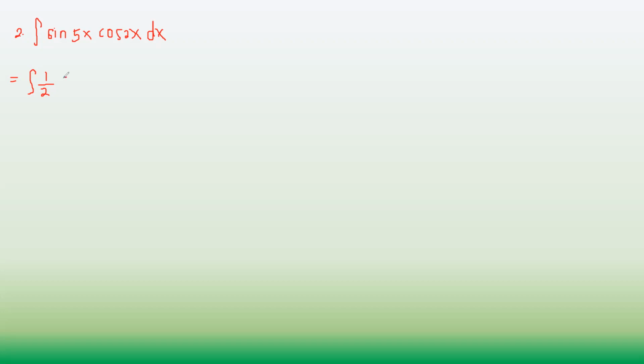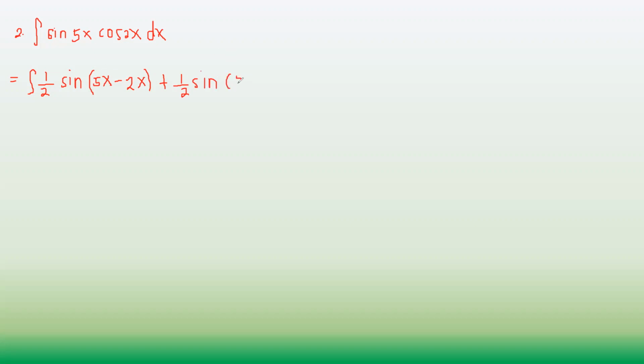So we have 1/2 sine. Always the first is a minus b, 5x minus 2x. When there is a cosine, the middle is plus, so plus 1/2 sine. Always look alike: if sine, sine here; if cosine, cosine.